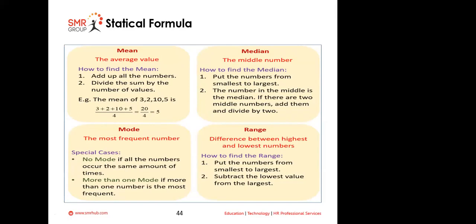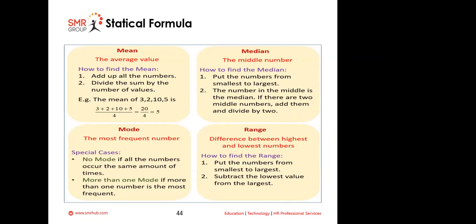So this can be used to know average salaries paid for senior executive or executive level. What about median, the middle number, right? When you stack the salaries of all your executives, the salary in the middle will be the median salary, okay?